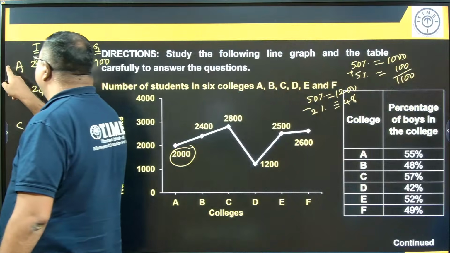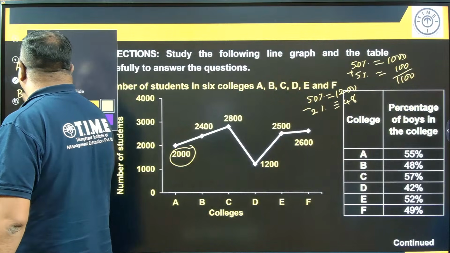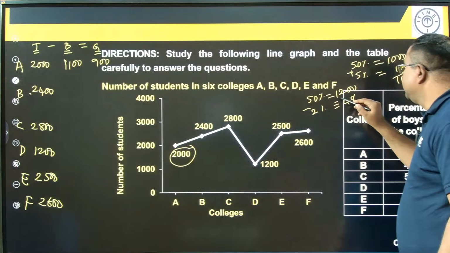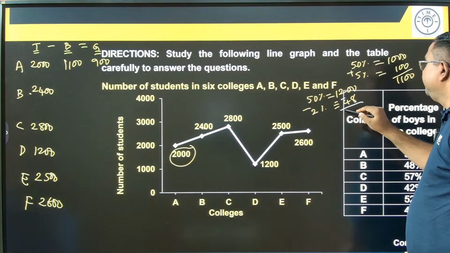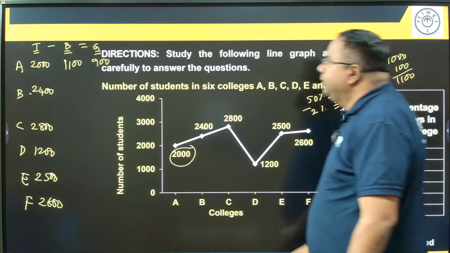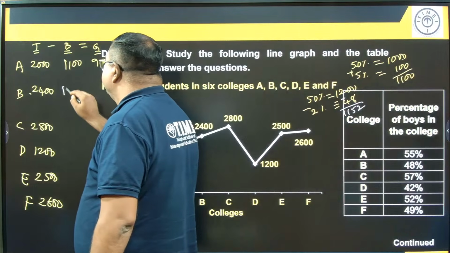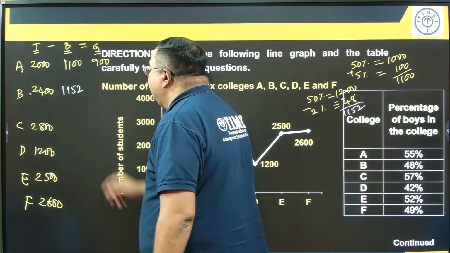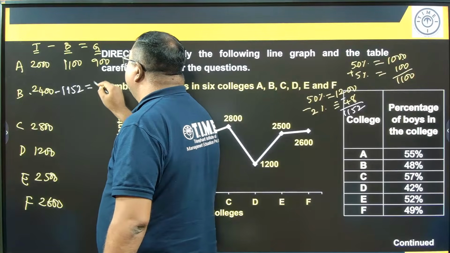Let me take different ink. Now, this is 1200 minus 48. It has to be 1152. So 1152 are boys. If I subtract this, girls should be 1248.